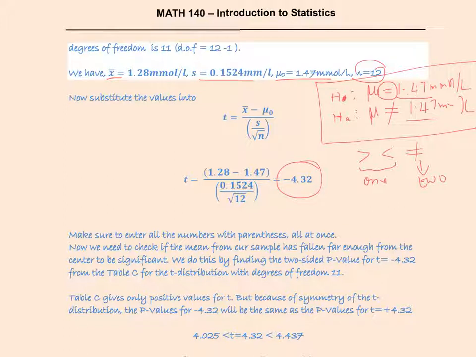Now all we have to do is find the two-sided p-value for t equals negative 4.32 using table C, that is the t distribution, with degrees of freedom 11 because the sample size is 12.